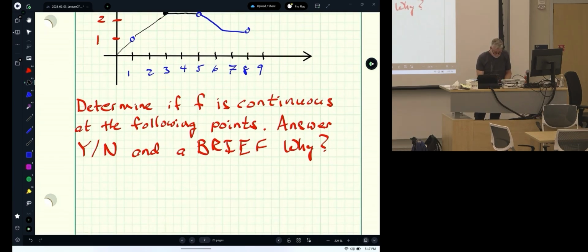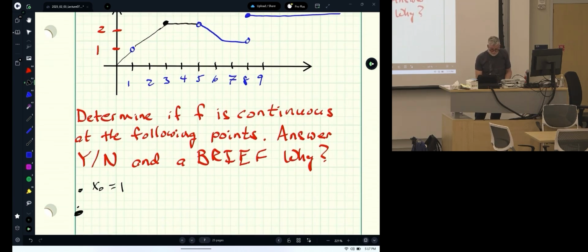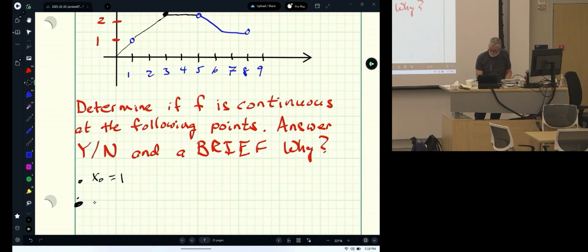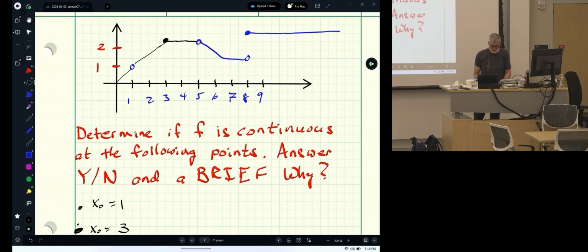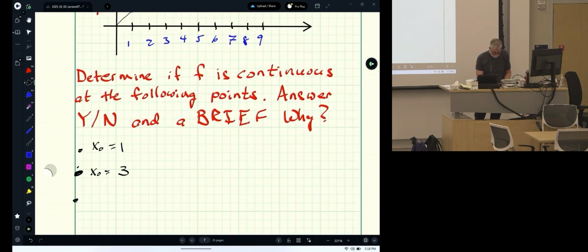First point will be x0 equals 1. Second point, x0 equals 3. And then the last point, x0 equals 8.